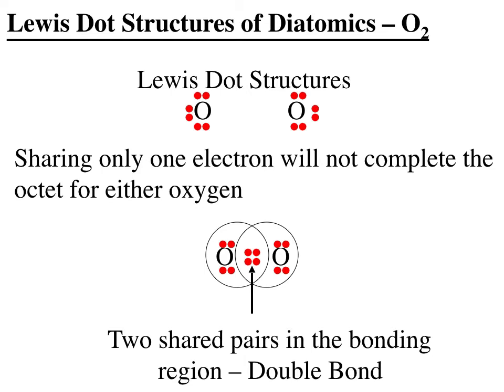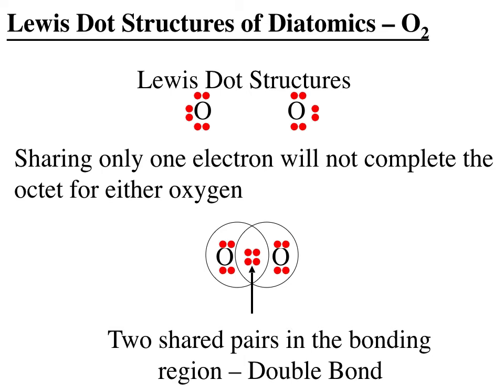Being in column 16, they have 6-dot Lewis dot structures, so each oxygen requires 2 more electrons in completing its octet. Oxygen on the left will get those 2 electrons from the oxygen on the right. The oxygen on the right will get the 2 electrons it desires from the oxygen on the left.